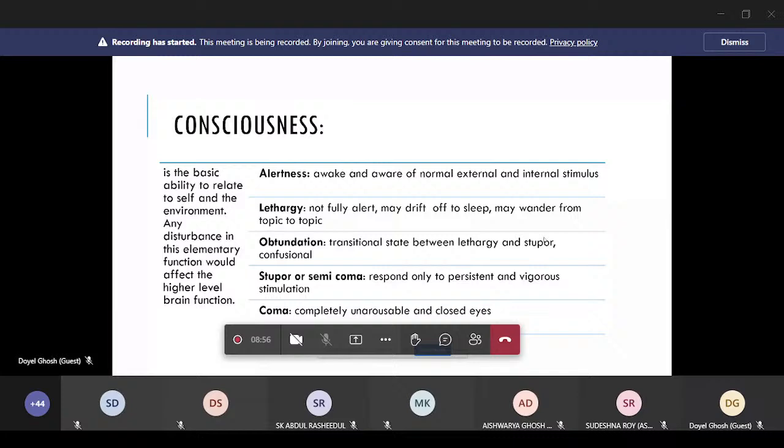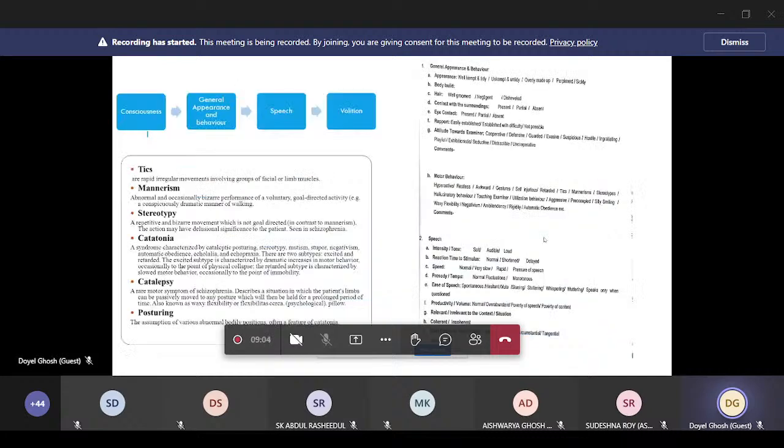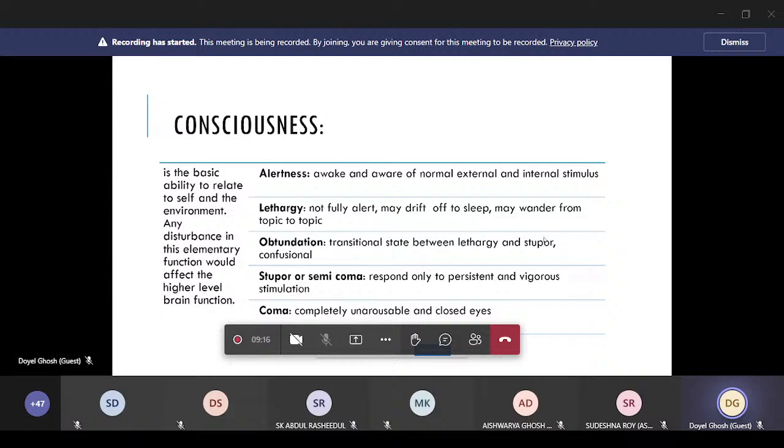So first comes the consciousness part. Under behavioral observation, there are four parts: consciousness, general appearance and behavior, speech and volition. We are starting with consciousness. What is consciousness? Consciousness is the basic ability to relate to self and to the environment.